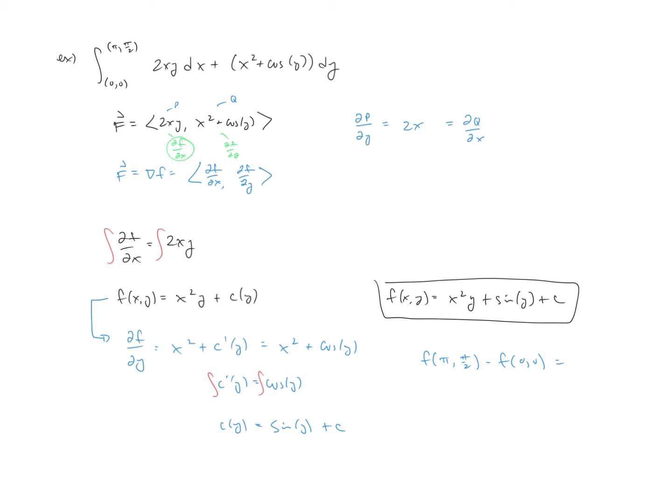And so it all boils down to the final answer of pi cubed over 2 plus 1. So in context, what we could say is the amount of work required for a particle to travel from this point to this point through this vector field is this guy right here, completely irrelevant of the path taken.